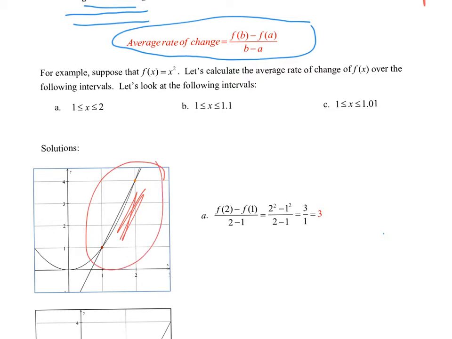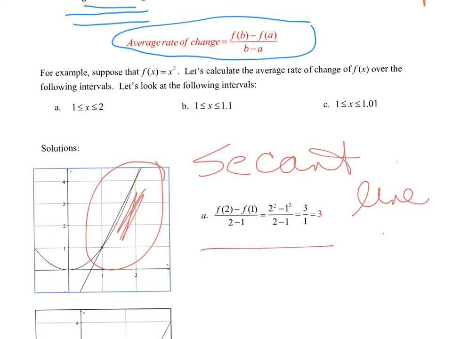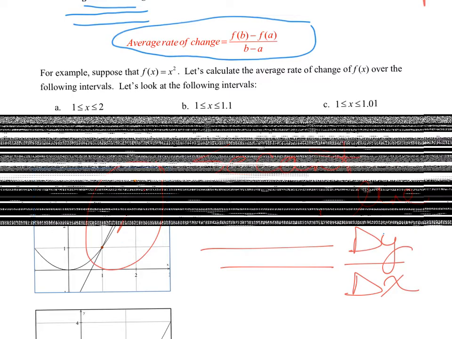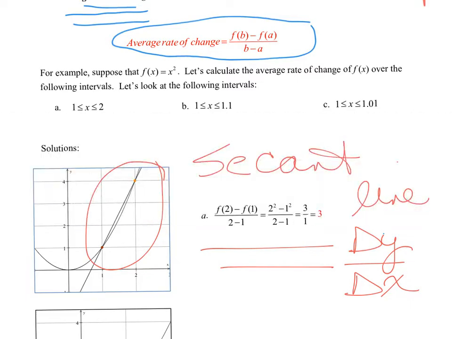To figure out the slope of that secant line, we just use our delta y over delta x. It's called a secant line because it's touching this curve, and our curve is the x squared curve.